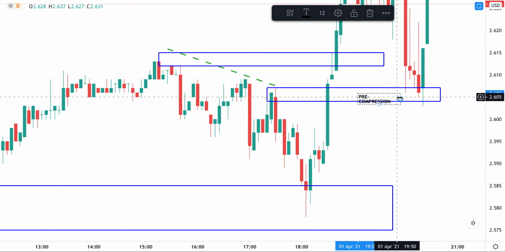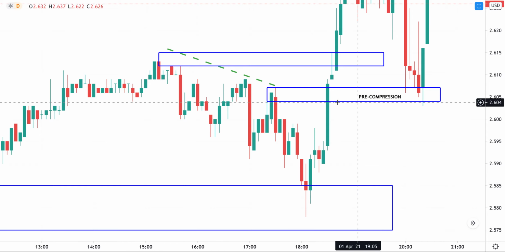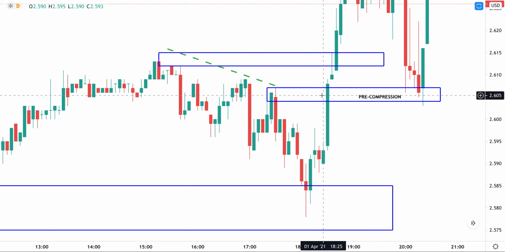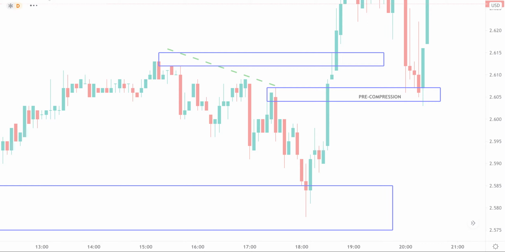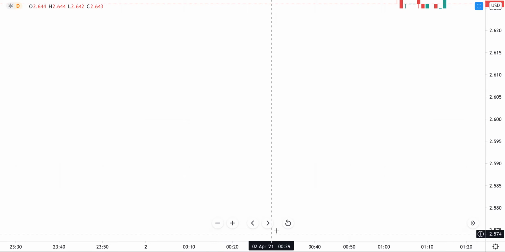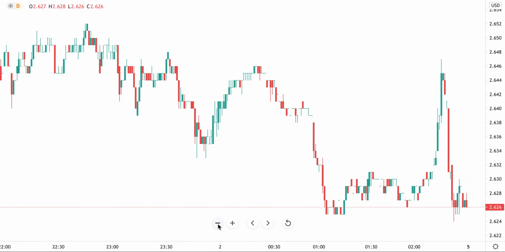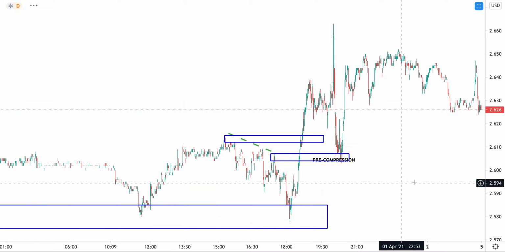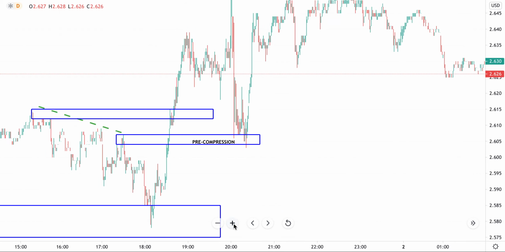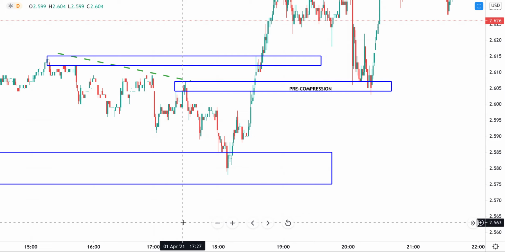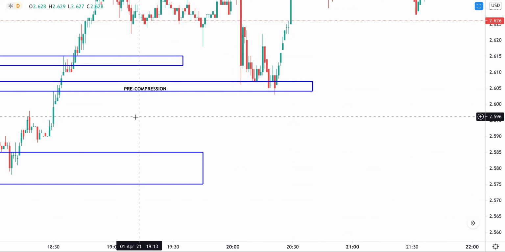So when price leaves this zone, it is very likely to create a small kickback here. Let's see if it is there or not. Okay, there is some attempt to push the market down.